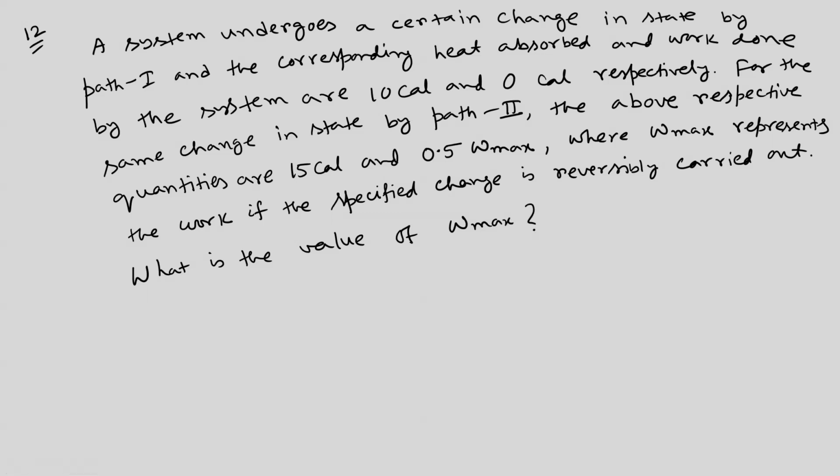So, this problem states a system undergoes a certain change in state by path 1 and the corresponding heat absorbed and the work done by the system are 10 calorie and 0 calorie respectively. For the same change in state by path 2, the above respective quantities are 15 calorie and 0.5 W max, where W max represents the work if the specified change is reversibly carried out. What is the value of W max?